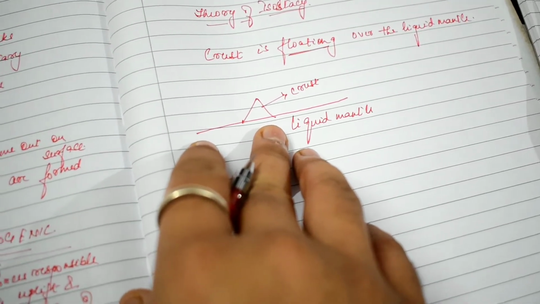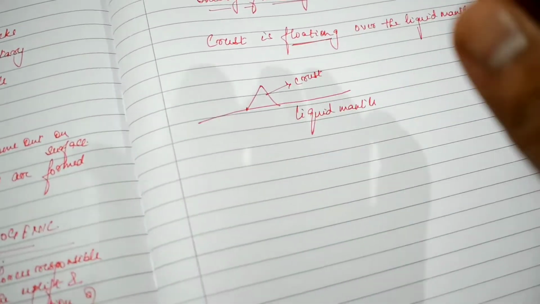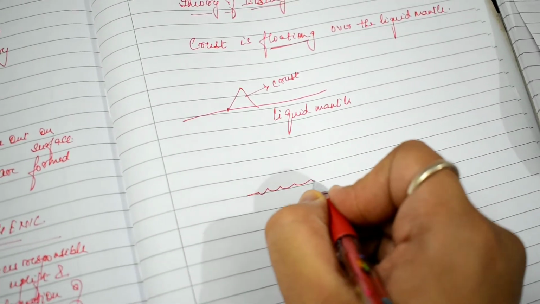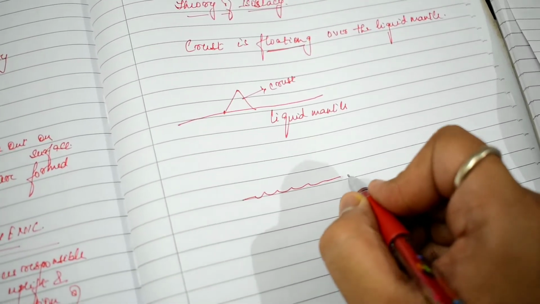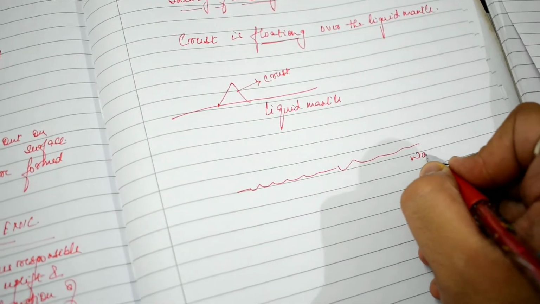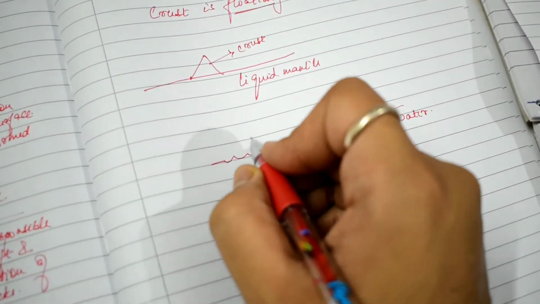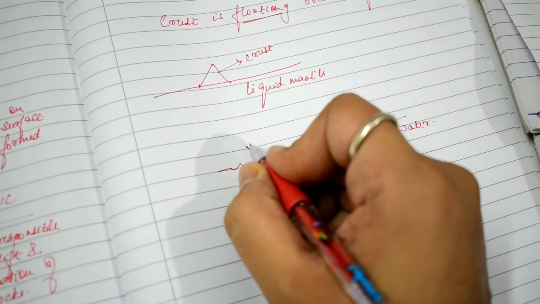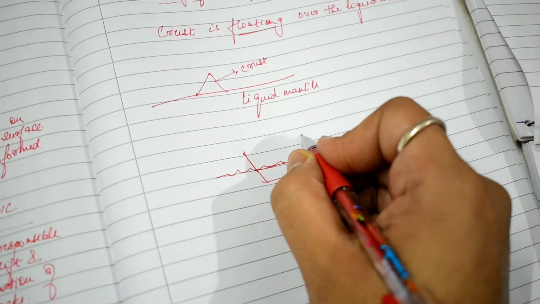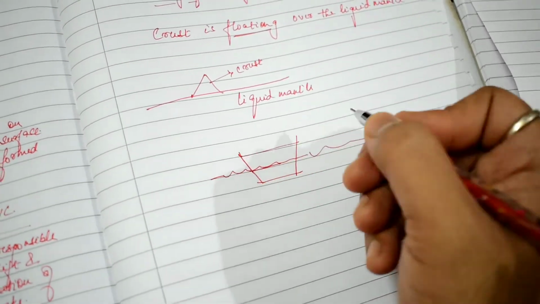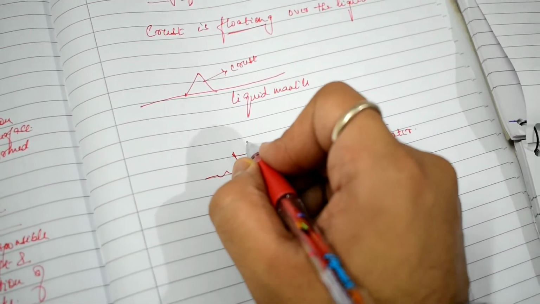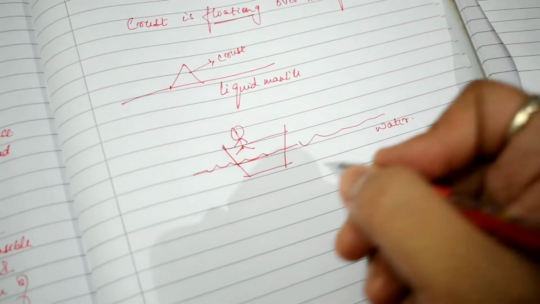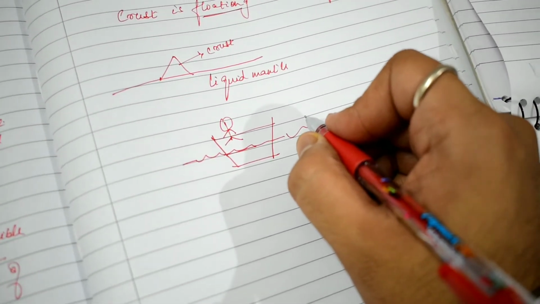Now as it is floating on this liquid mantle, let me take another example. If this is water, and I am talking of a boat, this boat has only one person, forgive my drawing, and there is another boat.